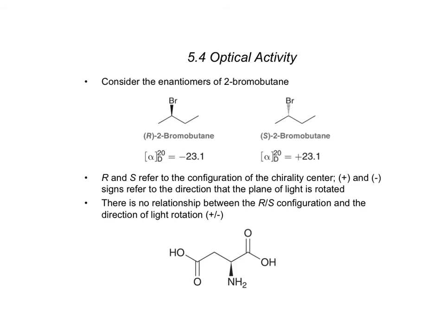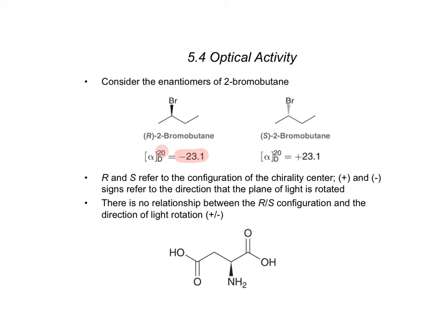Now we'll go back to our R-bromobutane versus our S-bromobutane. I already said that the R enantiomer has a specific rotation of minus 23.1. We're denoting specific rotation because we've got alpha in the brackets. What temperature is the specific rotation reported for? 20 degrees Celsius, that's what they're telling you up here.